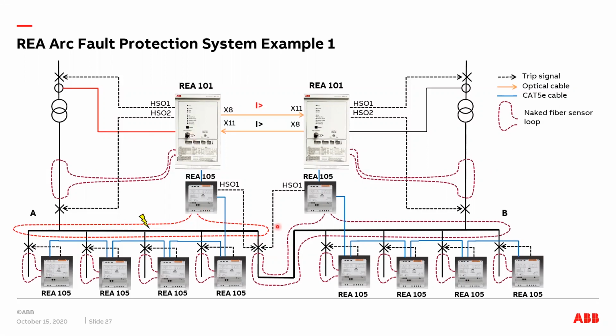The main units provide the overcurrent information via cabling to these extension units, so they can trip, and via this daisy chain cabling they also get auxiliary voltage, operation voltage.